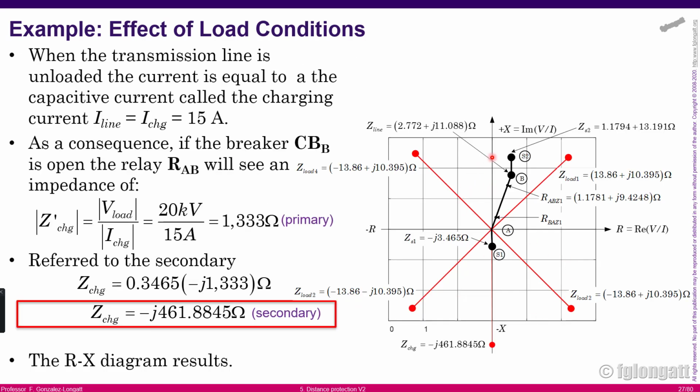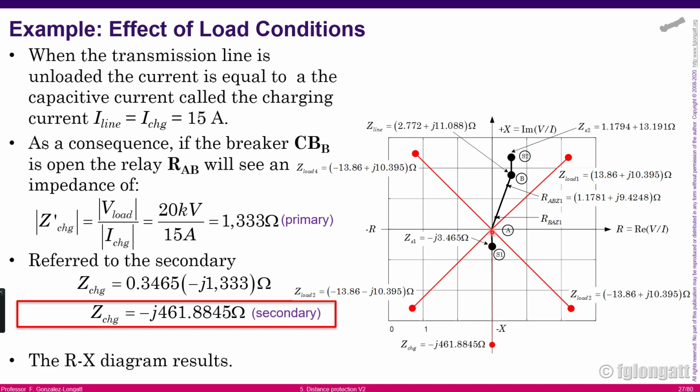What I am presenting here is, as you can see, we have the red plot, and that represents the loads that we already presented. And in black color between A and B, what I am presenting is the total impedance of the transmission line.